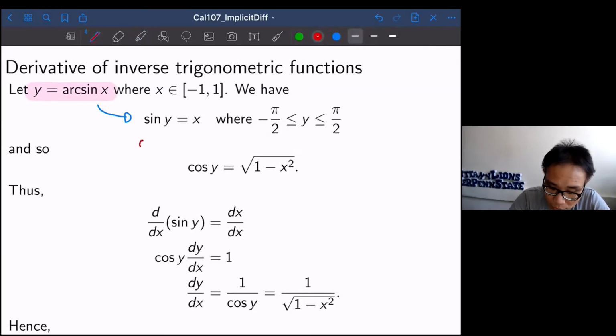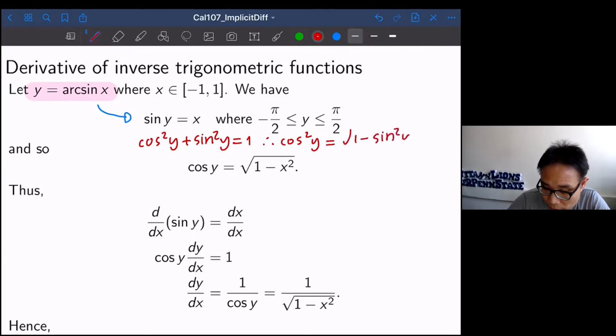Because you have cos squared y plus sine squared y equal to 1, right? So you would get cos y equal to square root of 1 minus sine squared y, and this will be cos y equal to square root of 1 minus x squared.